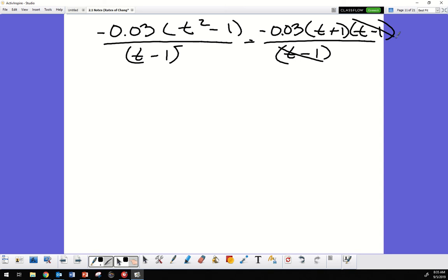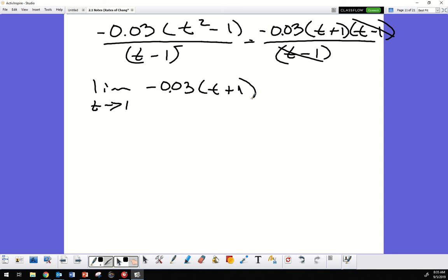Those factors go away. Now I'm taking the limit as t goes to 1 of negative 0.03 times the quantity t plus 1.